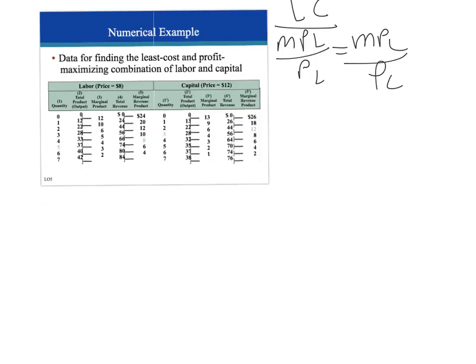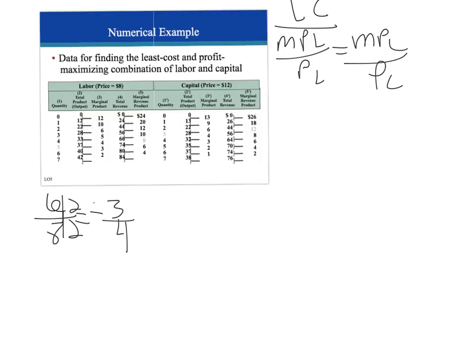The marginal product of labor from the third unit of labor is 6. The price of labor is 8. So we can simplify this by dividing by 2, so we get 3/4.